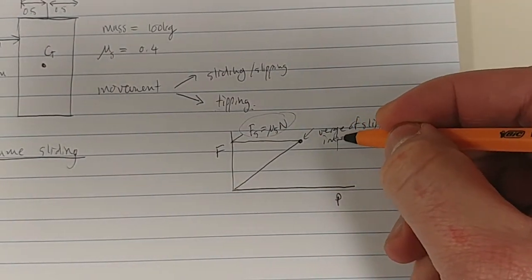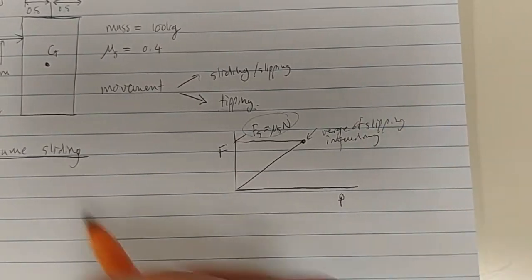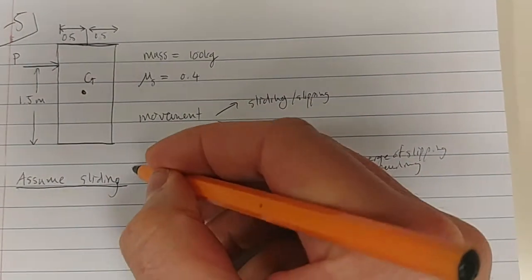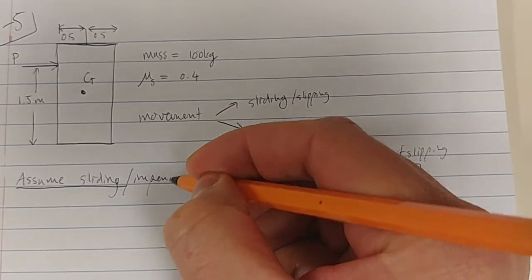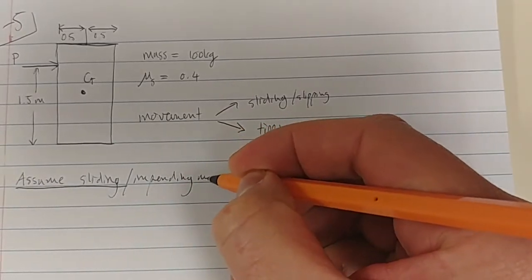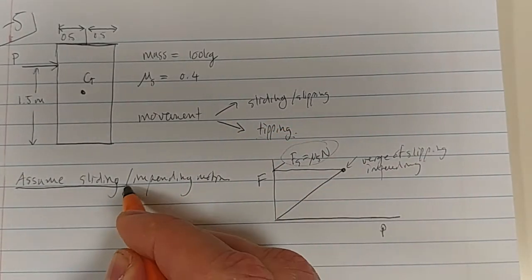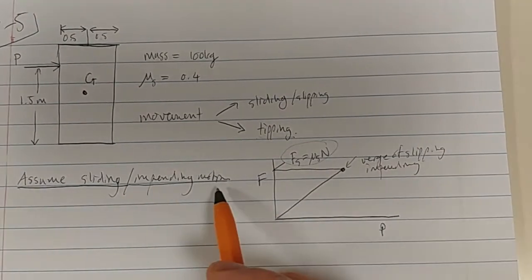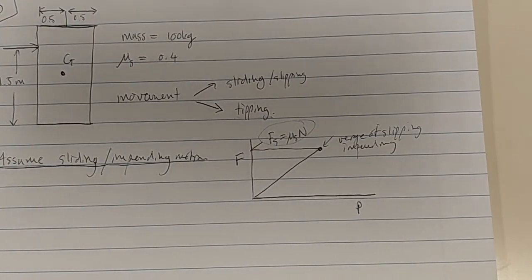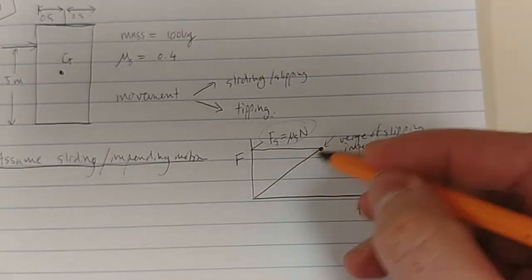So when we say assume sliding, we say impending motion. That's our assumption. We're on the verge of sliding. We're about to start sliding.